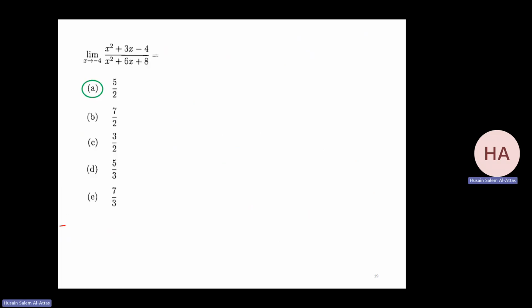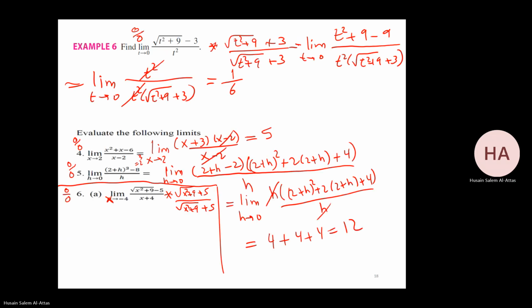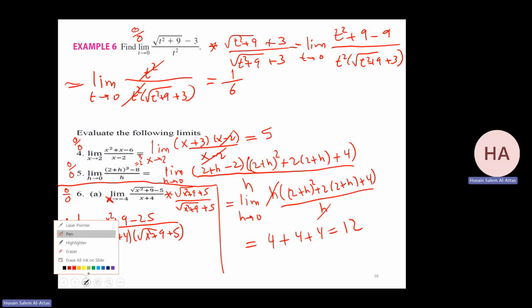You'll get the limit as x goes to minus 4. Do the product. x squared plus 9 minus 25 over x plus 4. Okay. What we have here will be x squared minus 16.